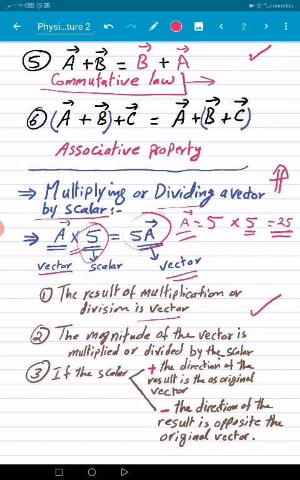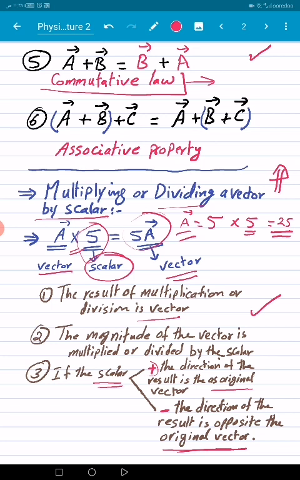If the scalar, the number here, is plus, the direction of the result is the same as the original factor. عندما تكون حاصل الضرب مع الرقم موجب، فهذا يعني أنه اتجاه المتجه المحصلة في نفس اتجاه المتجه الأصلي. إذا كان سالبة بمعنى هذا 5 minus 5، فهذا يعني بأن المتجه المحصلة أو المتجه الجديد يكون عكس اتجاه المتجه الأصلي.